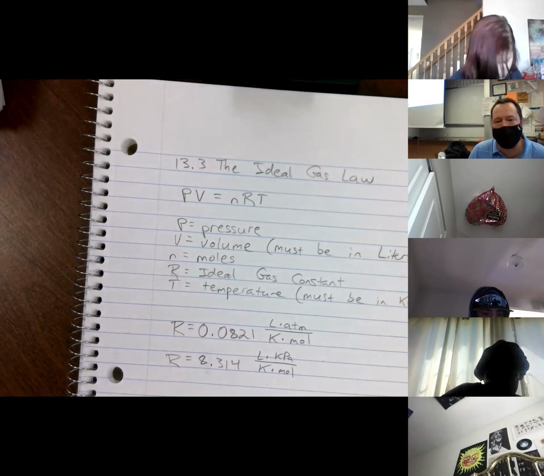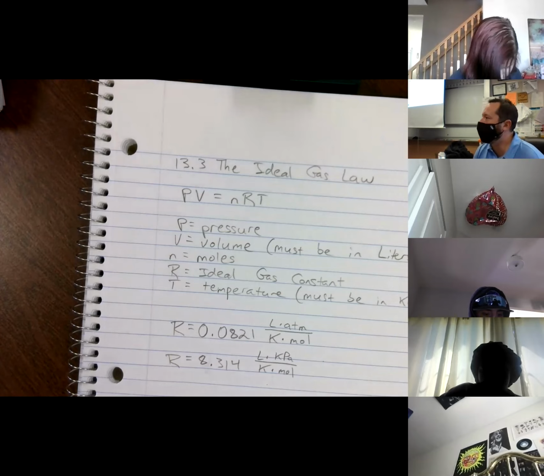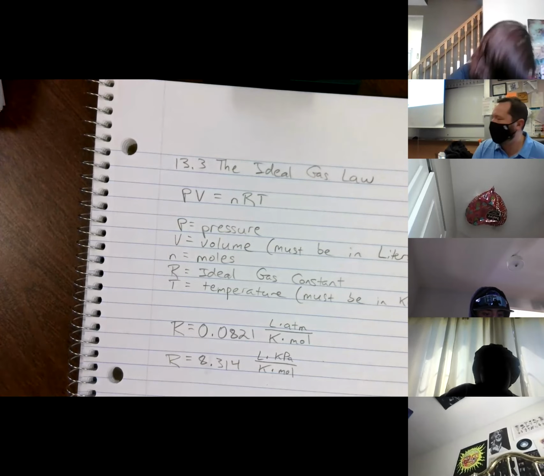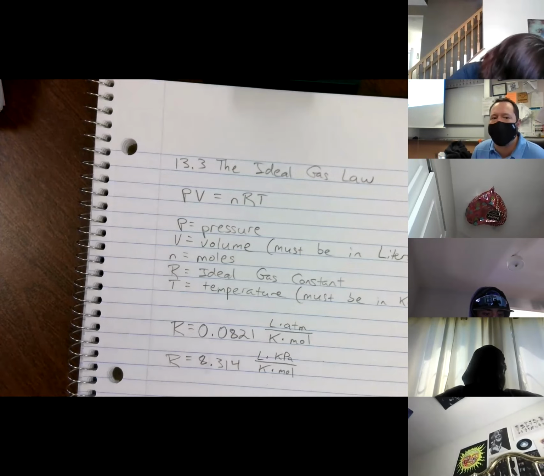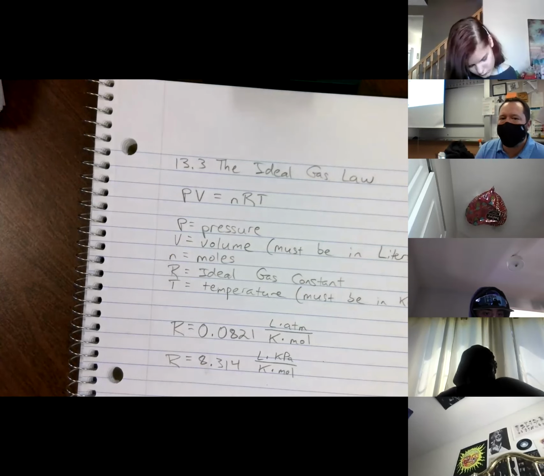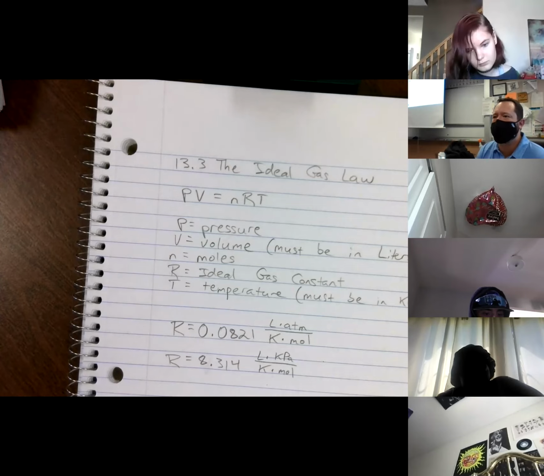There's actually several other R values as well, but these are the two we're going to use most frequently. So these are the two we need to know. And again, kind of confusing. Usually when we think of a constant, we think just one number. It never changes. Here we have different constants. Why? What's the difference? Anybody notice what the difference is between those two?